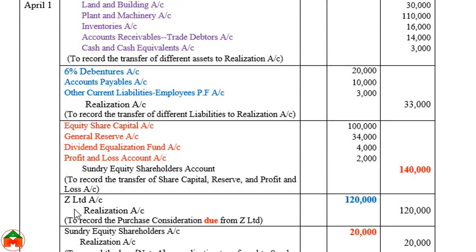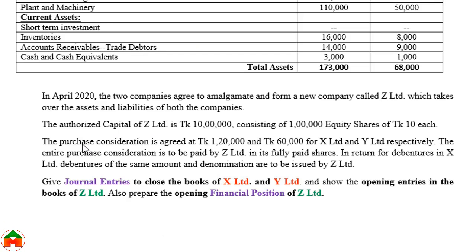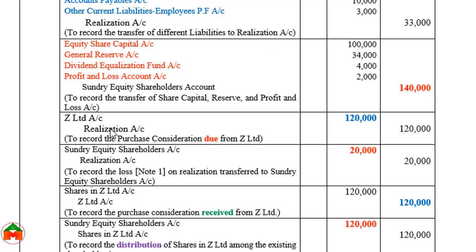And in the fourth journal, we will show the entry for recording the purchase consideration due from Jet Limited. From the question, we can see the purchase consideration is agreed at Taka 1,20,000 for X company, and this purchase consideration will be taken from Jet Limited.